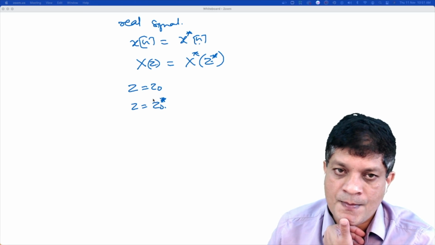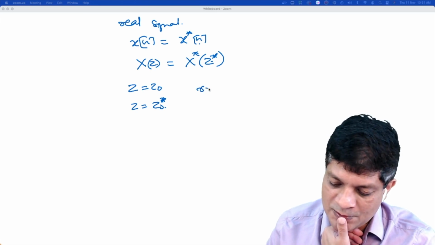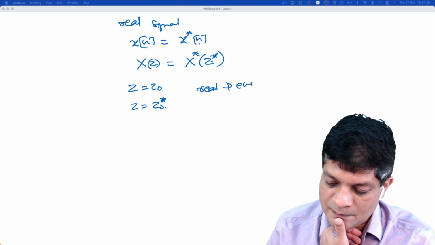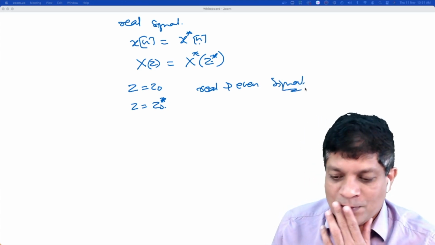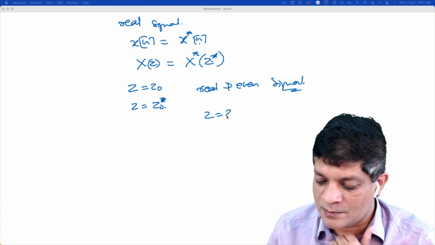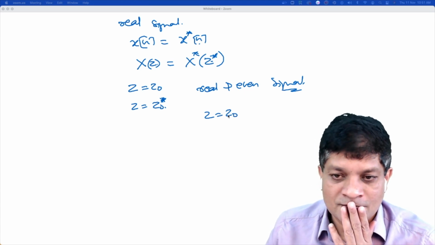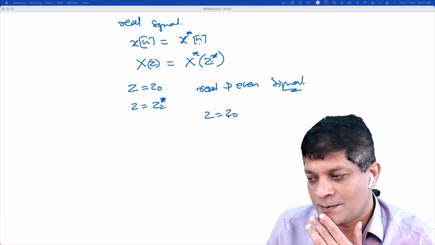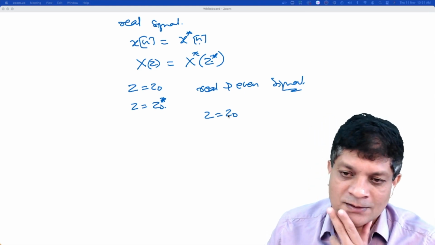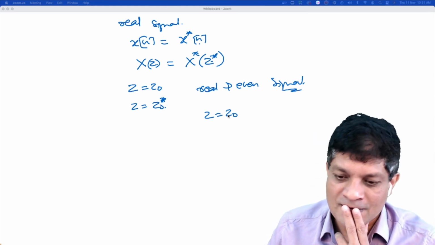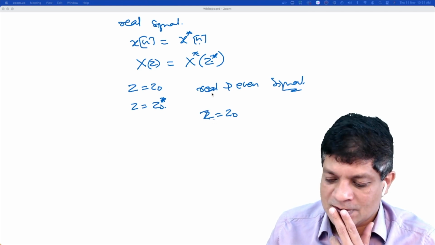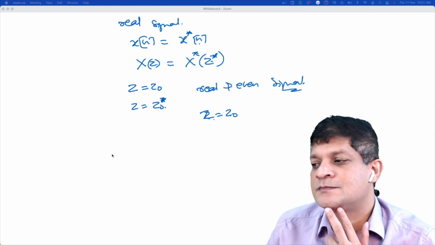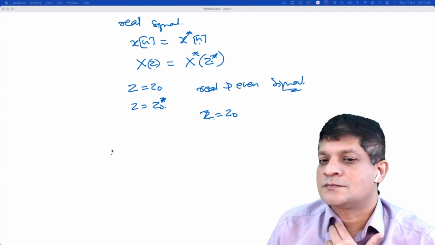Okay. Now tell me what about real and even signals? If you know the location of one pole, then what about the remaining poles? At least how many more poles will be there? The signal is real and even. 3.